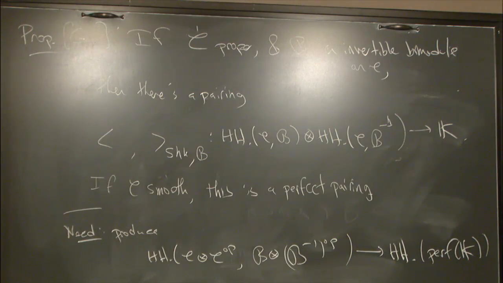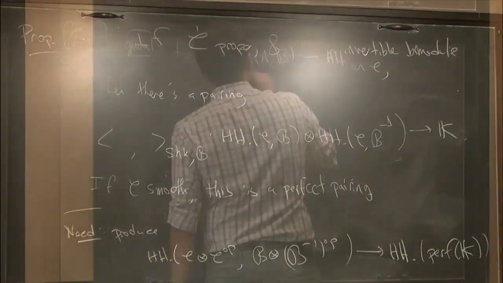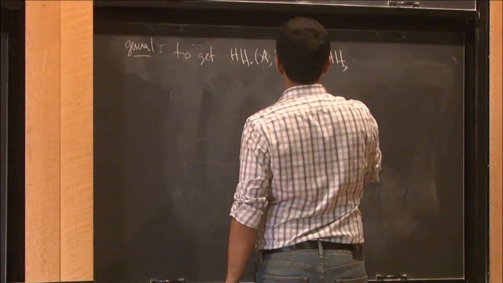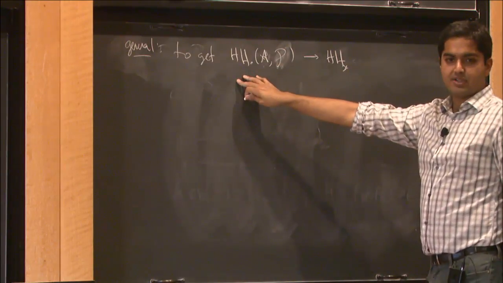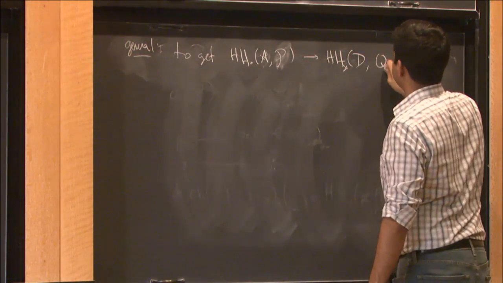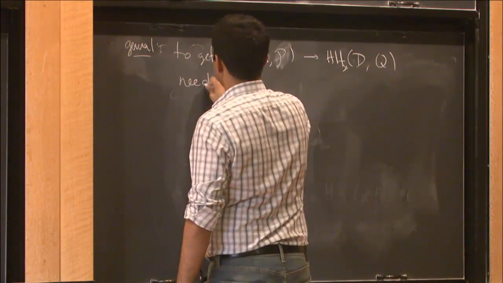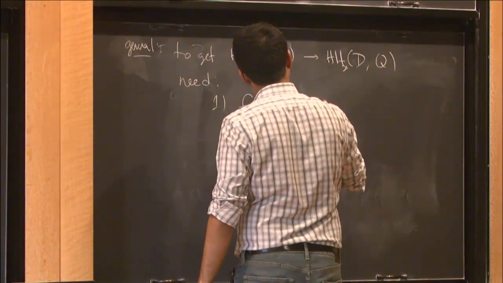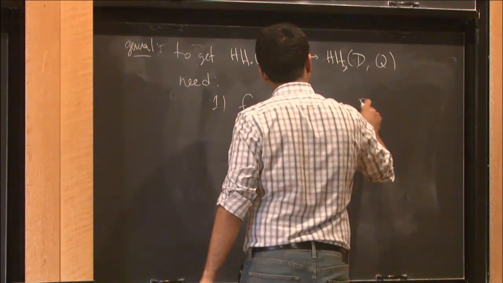If you wanted to get a map from Hochschild homology of A with coefficients in P to Hochschild homology of D with coefficients in Q, I'm just going to use all different letters, you need two pieces of information. You need the functor from A to D, as before.